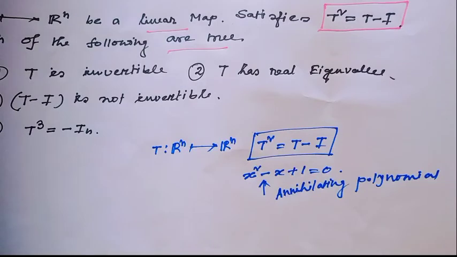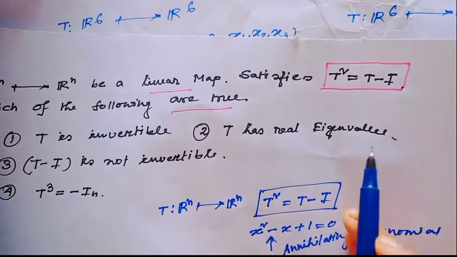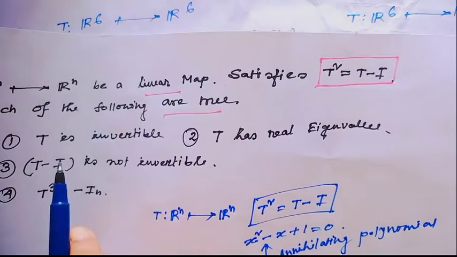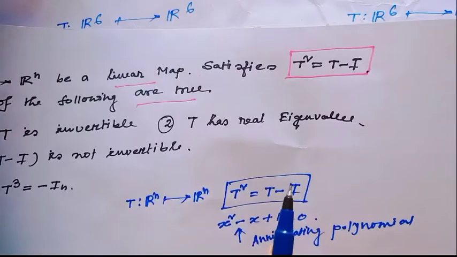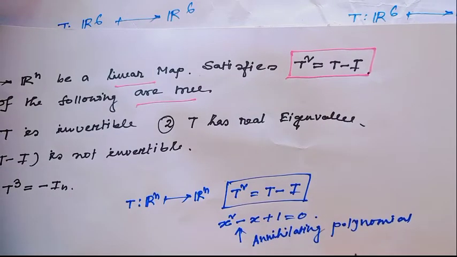Now I will find the minimal polynomial, because the question has indicated the eigenvalue and whether the operator is invertible or not. That means we have to find the eigenvalues of this linear operator.